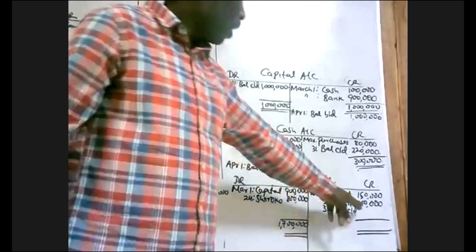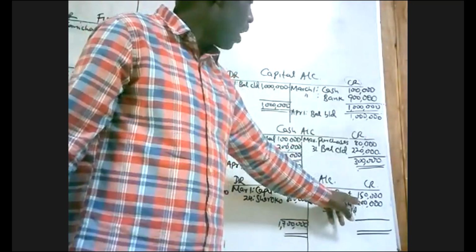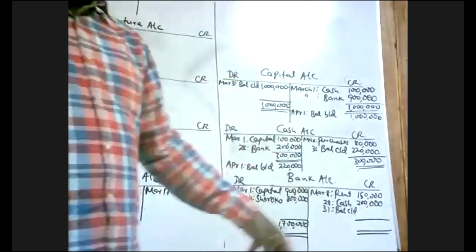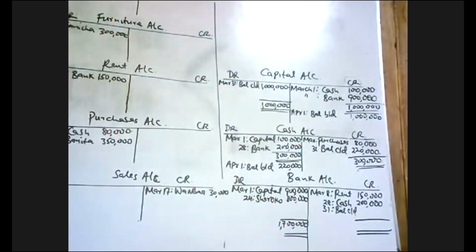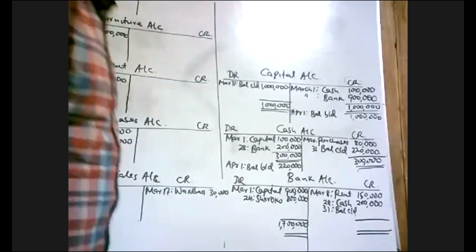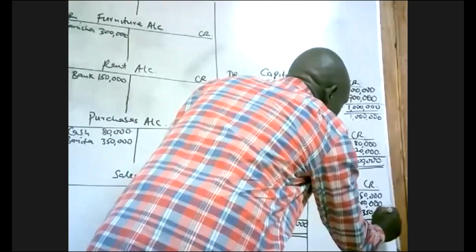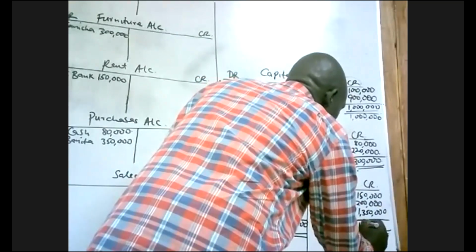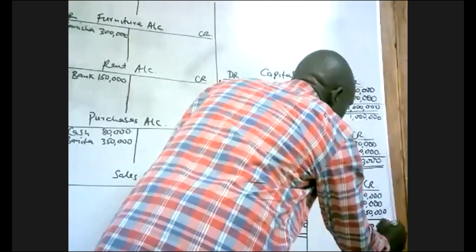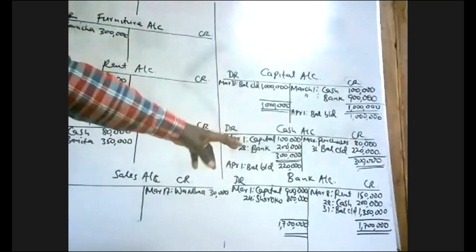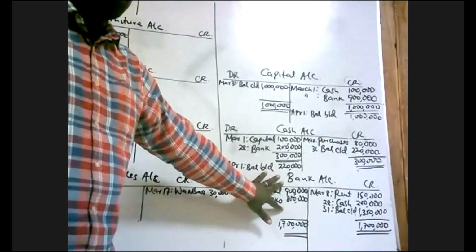There is a figure that we need to insert here, so that when we add with the 200,000 and 150,000, we shall have the same total. 1,350,000, so that we can have 1,700,000. You see now, it is the debit that had more than the credit.